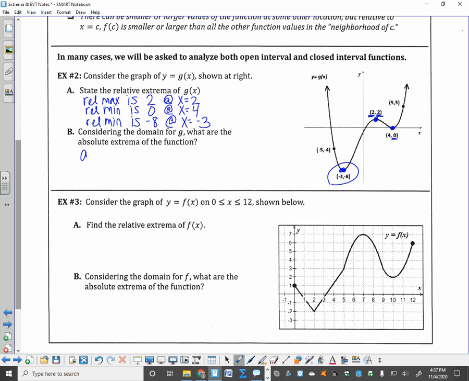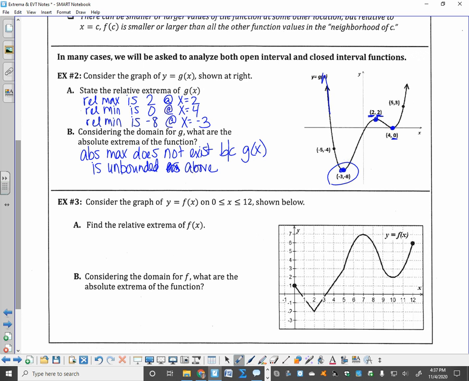So I'm going to write absolute max does not exist because g of x is unbounded above.